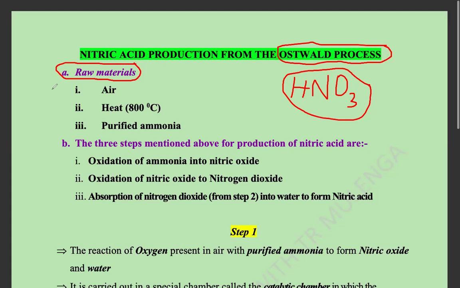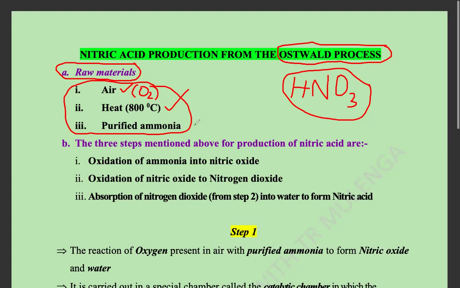So in the Ostwald process, the three raw materials that we need are the ones listed here. You need air. In this air, all we want to get is oxygen. You also need a source of heat. At the beginning, you need the temperature to go as far as 800 degrees centigrade.